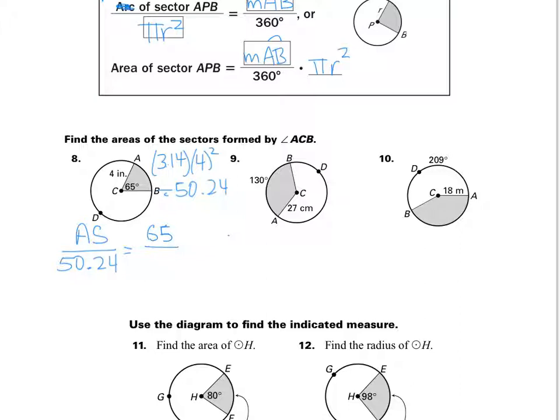Measurement of the arc, which we know is the same as the central angle. And all we're going to care about is the small area for now. I'll show you how to do the large area on the very last one.